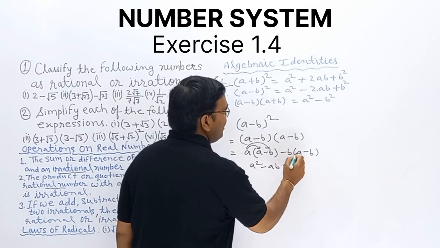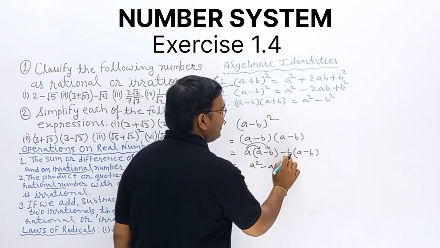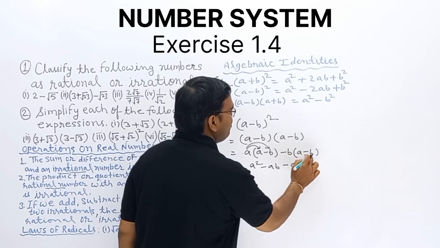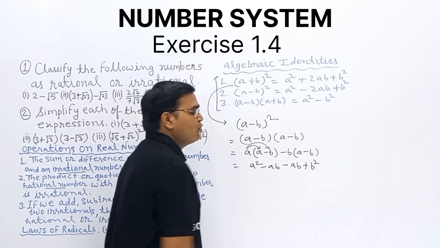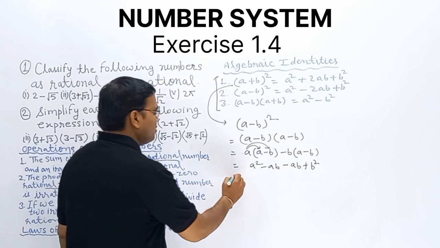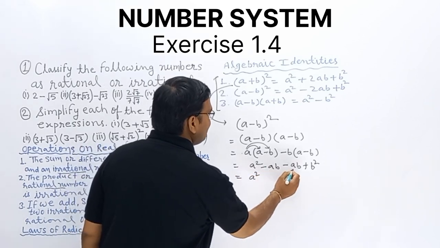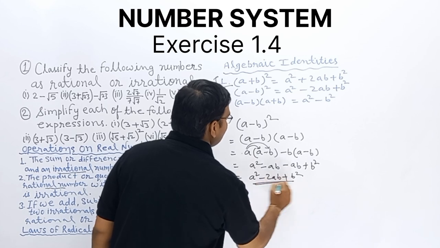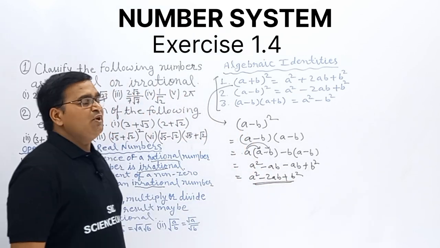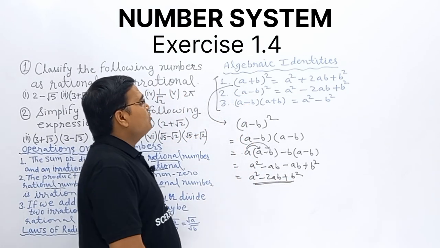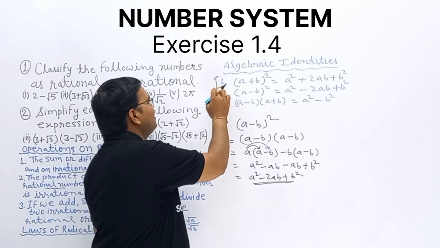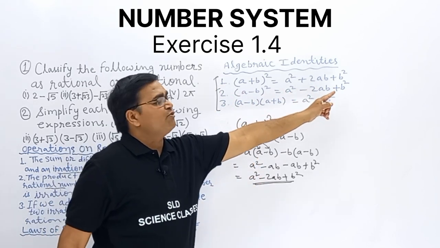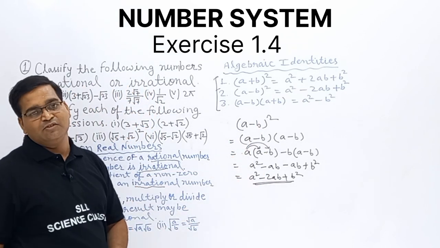Now minus into plus, minus b into a, minus ab. And minus into minus, plus b into b, b square. Yes or no? Yes. Now add: a square minus ab minus ab, minus 2ab, plus b square. And this is what? (a minus b) whole square. So we can say (a minus b) whole square will be a square minus 2ab plus b square.